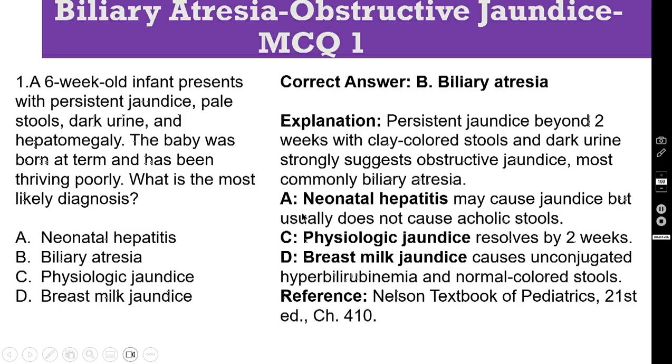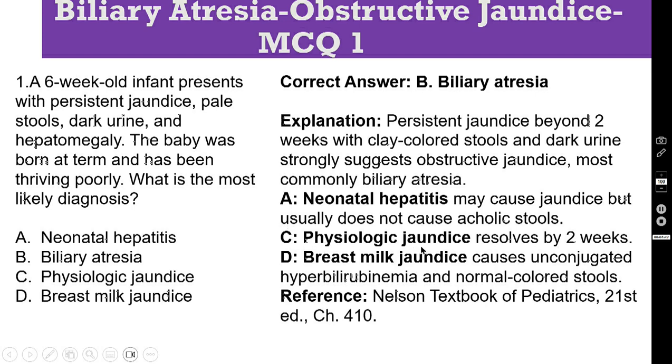A is incorrect because neonatal hepatitis may cause jaundice, but usually does not cause acholic stools. Acholic means the stool will be pale in color, as bile is not entering the intestine at all. So this is not the case. In neonatal hepatitis, you won't have pale colored stool.